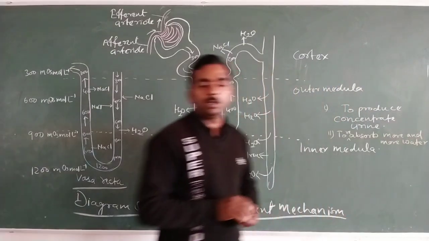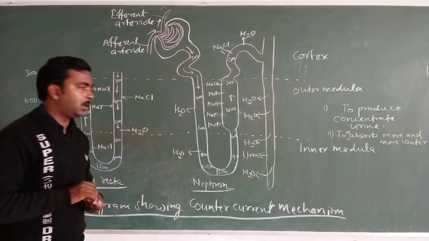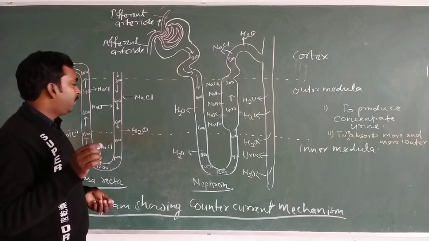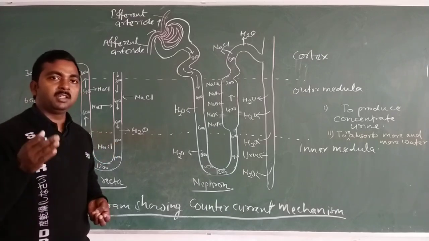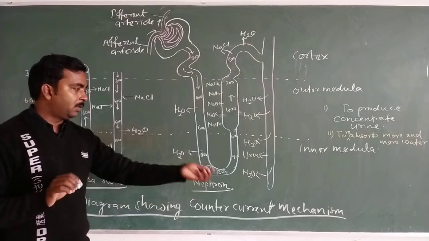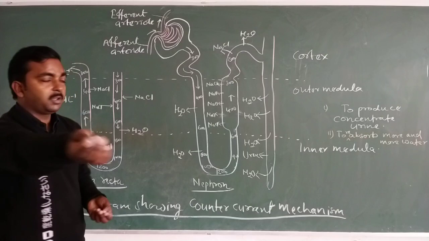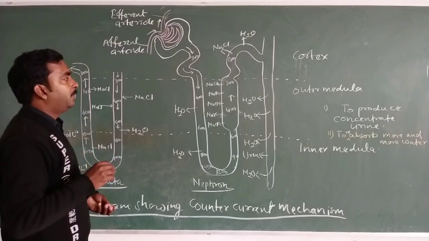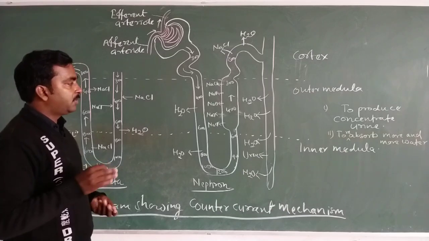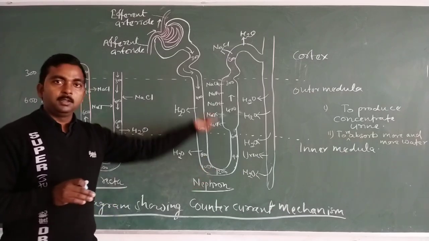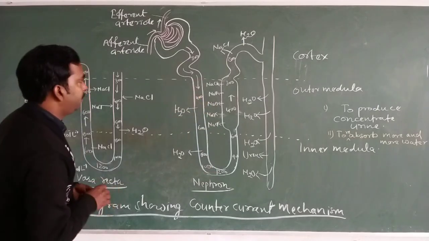This water is reabsorbed into the blood by making a concentration gradient. So the main purpose of the counter current mechanism is to produce a concentration gradient, and how is it made by these two structures, the vasa recta and the Henle's loop of the nephron?